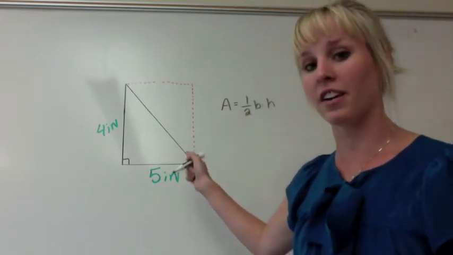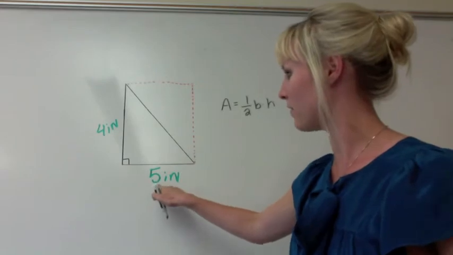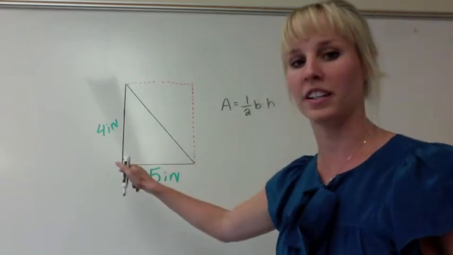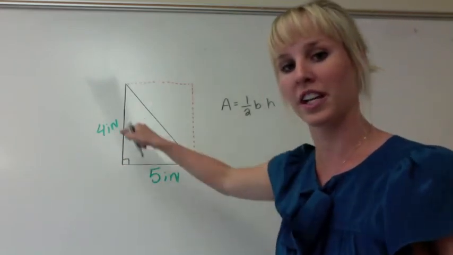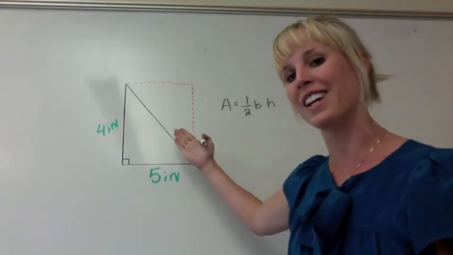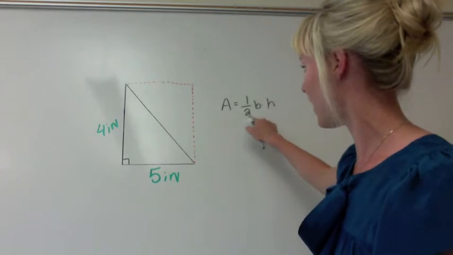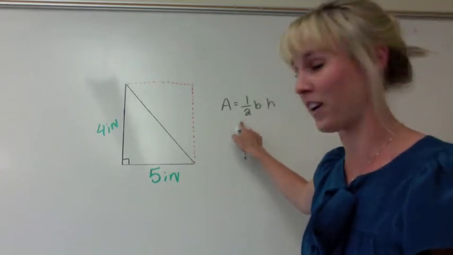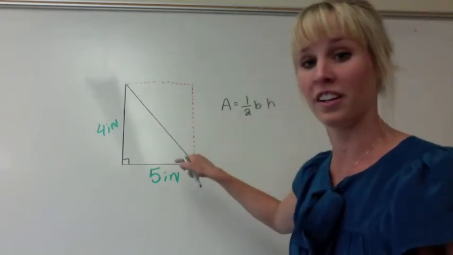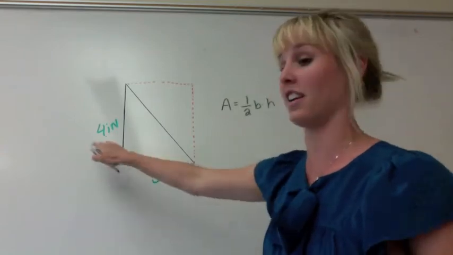If we multiplied the base times the height, 5 times 4, we would be finding the area of a large rectangle. But we know that the triangle is just half of that. So if we multiply the base times the height by 1/2, then we're finding the area of a triangle that has a base of 5 and the height of 4.